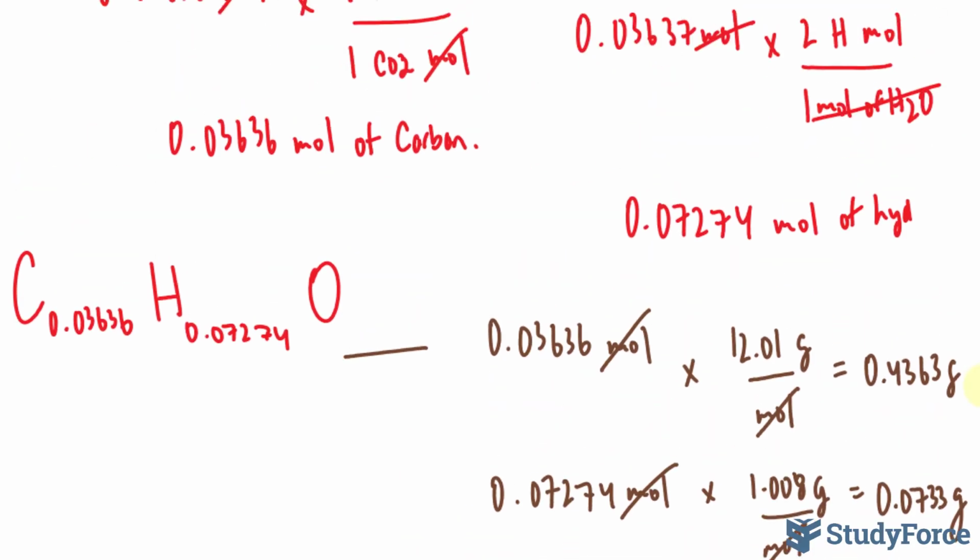And I'll place that number right here. Now, the smallest number here is 0.01820. We have to take that number and divide each of these subscripts by that number. So I'll divide this by 0.01820. That becomes a 1. Divide that by that, and divide that by that.